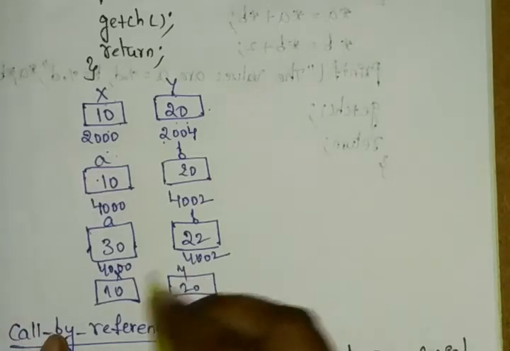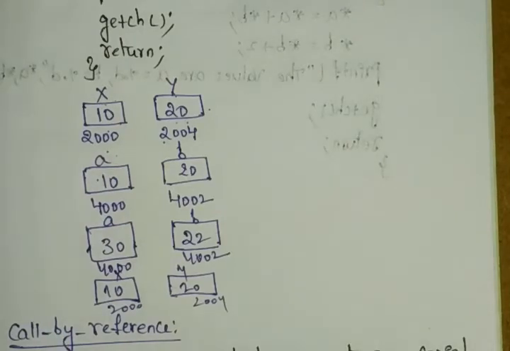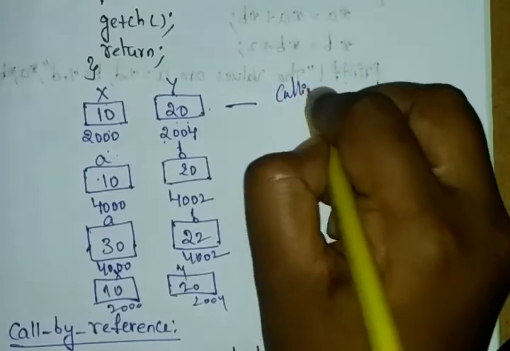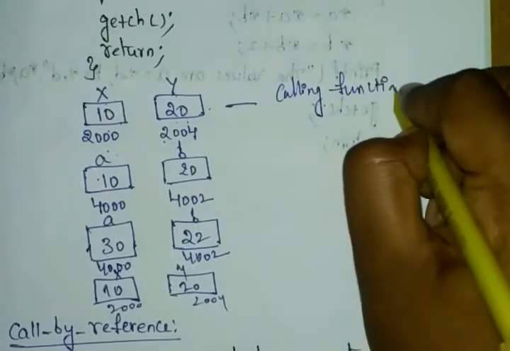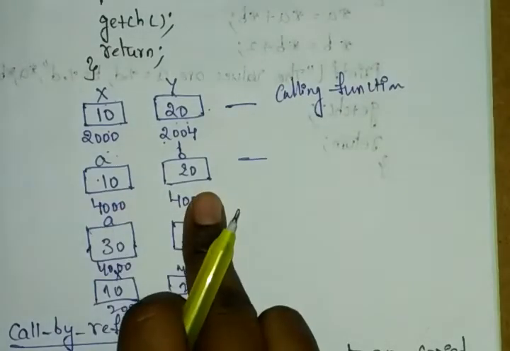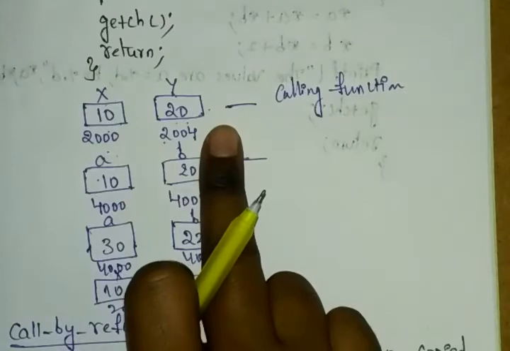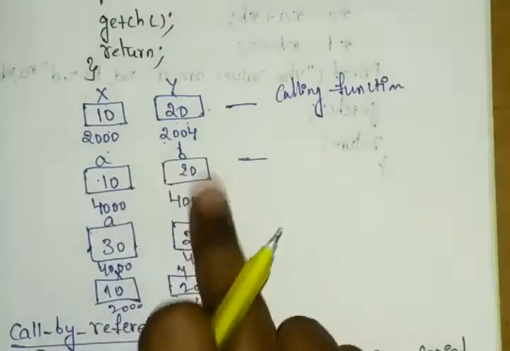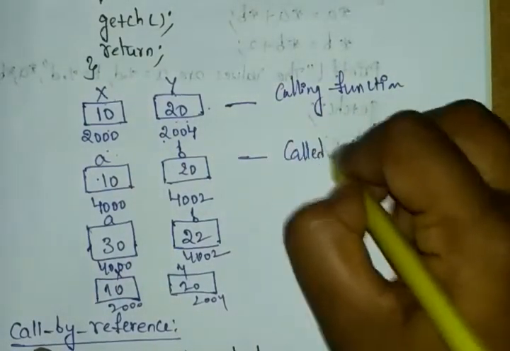It will not affect anything at 2000 and 2004. Here the first statement is in our calling function. The a and b are called by our x and y. Here x and y are calling our a and b variables. This is the called function.